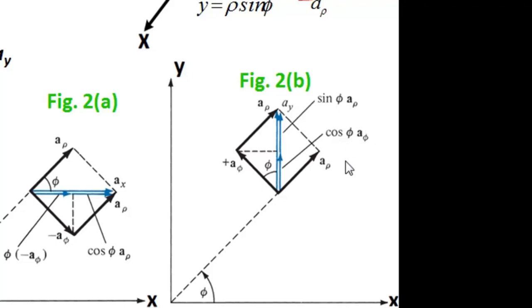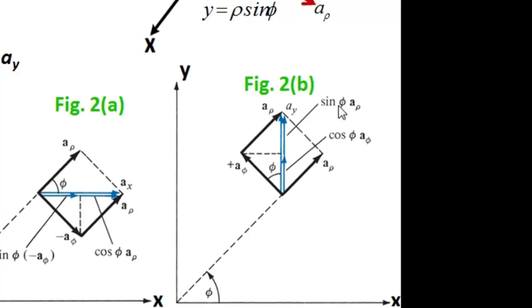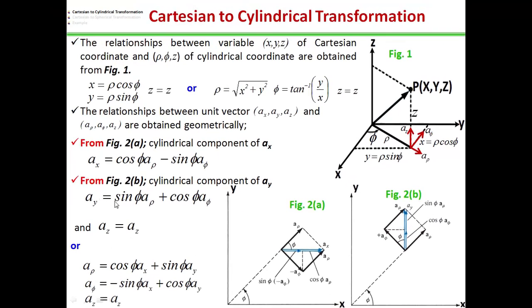After summing these two components, we find ay is equal to sin phi a rho plus cos phi a phi. Whereas the z unit vector will be the same, because in the cylindrical coordinate system, the height of the cylinder is the same as in the Cartesian coordinate system.